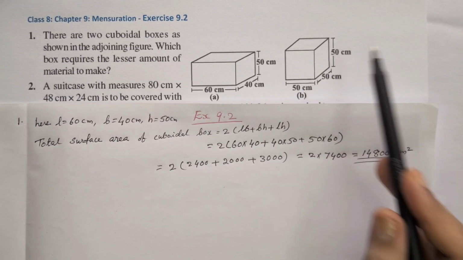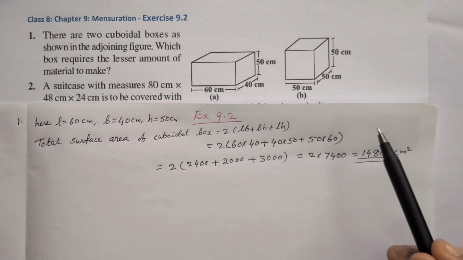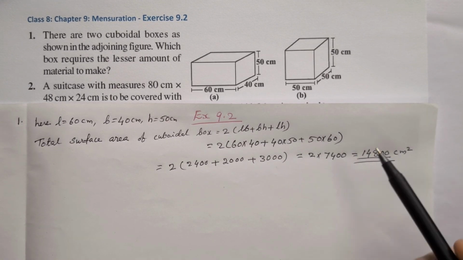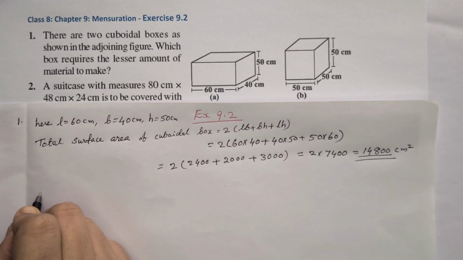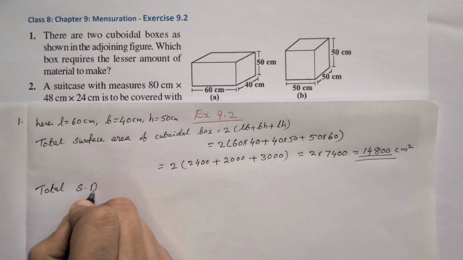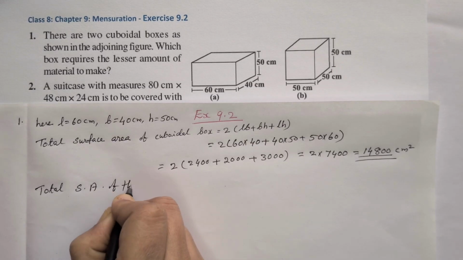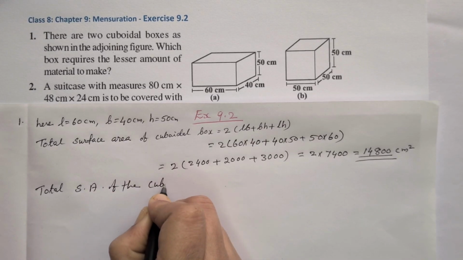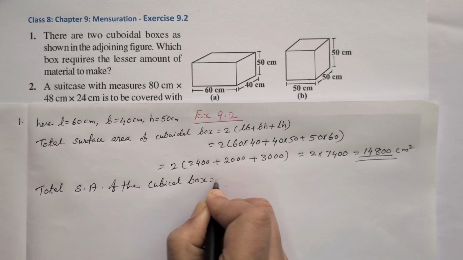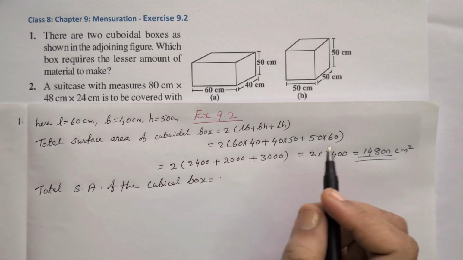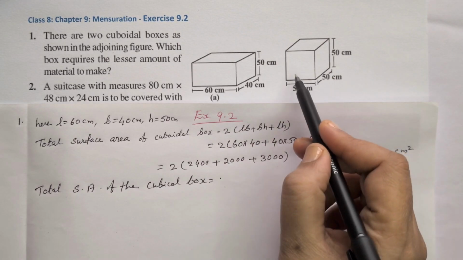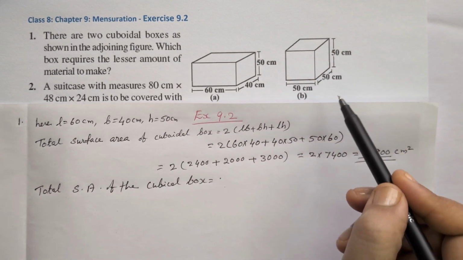Length, breadth, height all same. That means it's a cube form. We can write total surface area of the cubical box is equal to, here 6 sides are there. Total surface area: around 4 sides, top 1 side, bottom also.